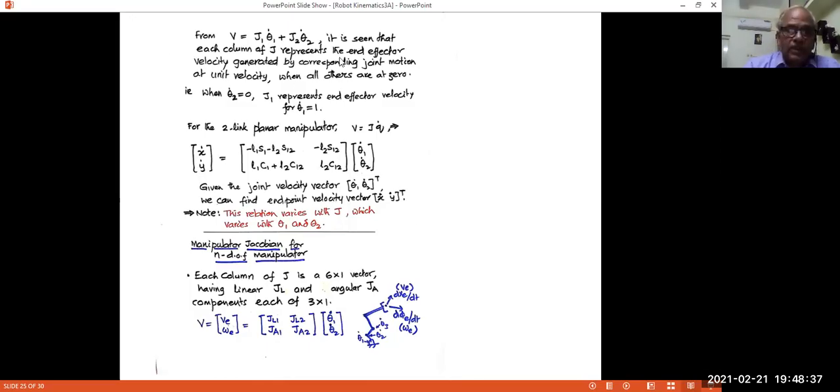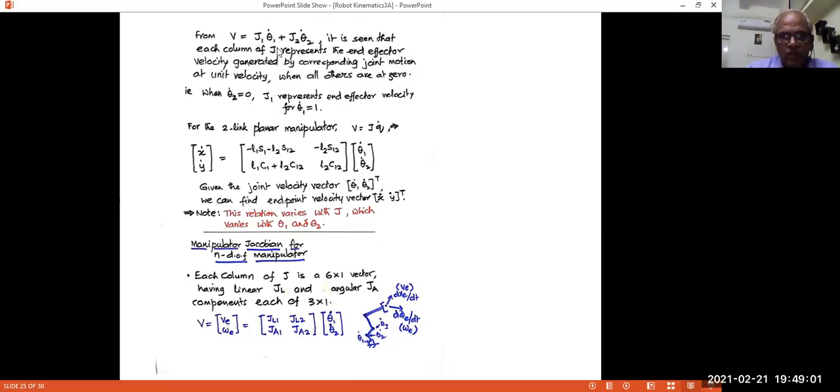We have seen that V is equal to J1 theta 1 dot plus J2 theta 2 dot. Suppose theta 2 dot is equal to 0, so there is no joint velocity at the second joint, and the joint velocity theta 1 dot is equal to unity, then V will be equivalent to J1.